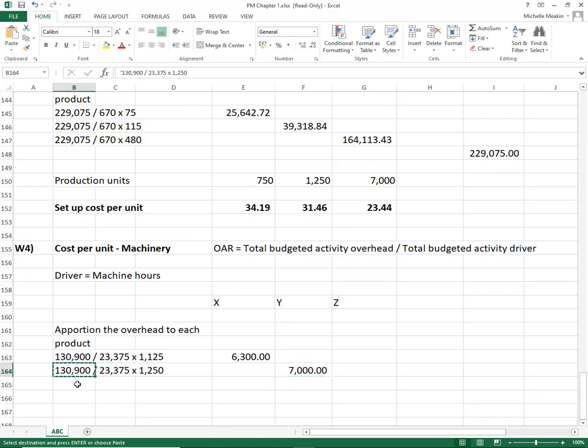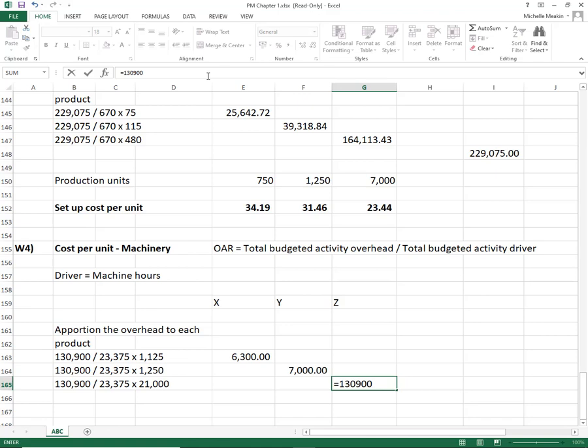And then finally, same again for Z. 130,900, divide it by my total machine hours of 23,375, times it by the total machine hours used for Z, and that was 21,000. 117,600.